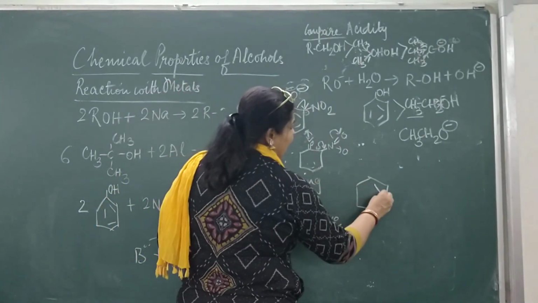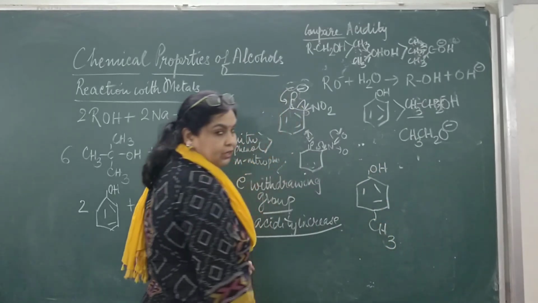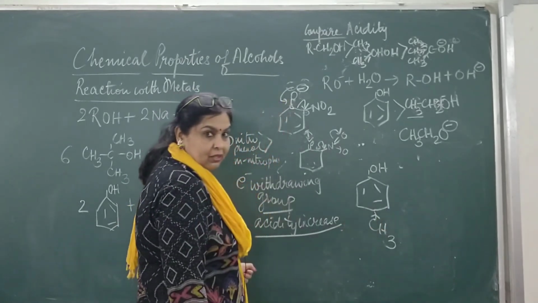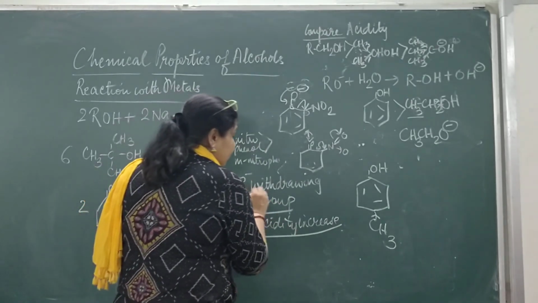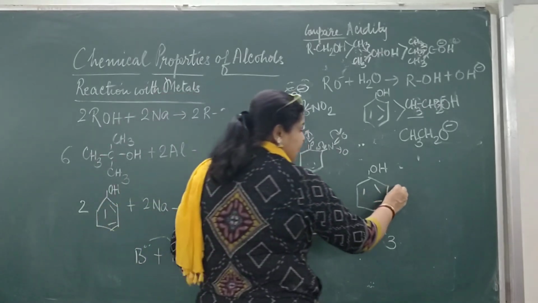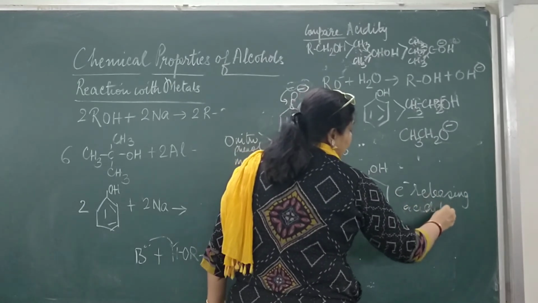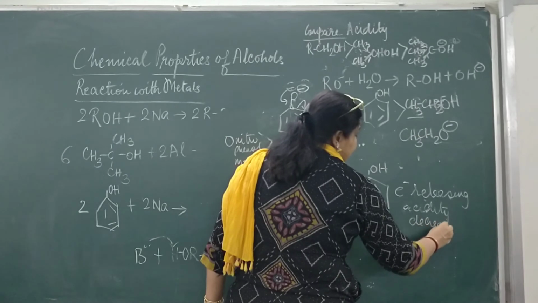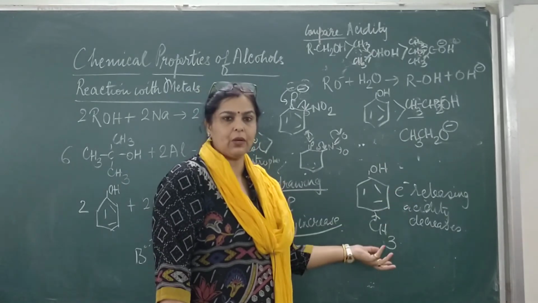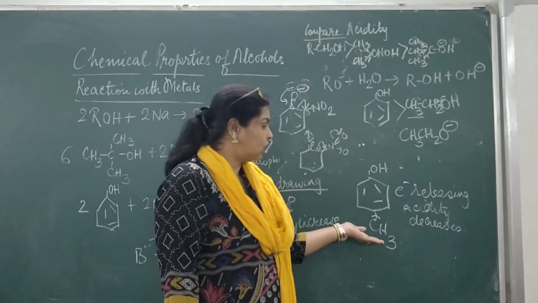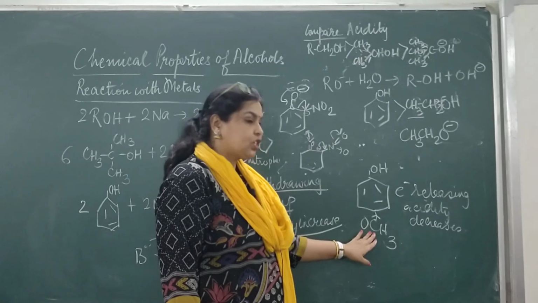Similarly, if I add an electron releasing group, ठीक है, अगर मैंने CH3 डाल दिया, ठीक है, इलेक्ट्रॉन रिलीजिंग ग्रुप, the acidity will decrease. प्लीज याद रखो, इलेक्ट्रॉन विथड्रॉइंग ग्रुप एसिडिटी इंक्रीजेस, इलेक्ट्रॉन रिलीजिंग ग्रुप एसिडिटी डिक्रीजेस. और जितना ज़्यादा आप इलेक्ट्रॉन रिलीजिंग ग्रुप डालोगे उतना ज़्यादा एसिडिटी कम होगा. यानी ट्राई मिथाइल फिनॉल डालोगे तो ओबियसली इसकी एसिडिटी कम होगी, this is cresol also it is called. ठीक है, OCH3 डाल लो चाहे, ठीक है. So even this is also electron releasing.